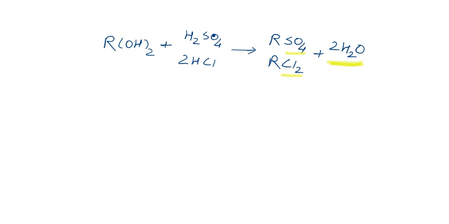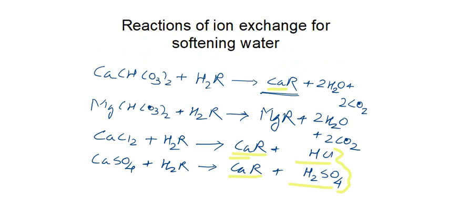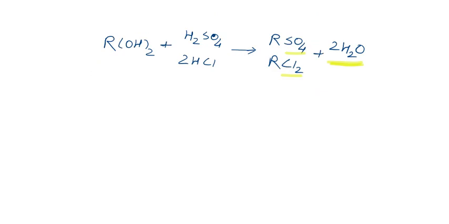In doing so, over the course of running such cycles, the resin gets exhausted. This CaR is an exhausted resin. Similarly, the anion exchange resin which is exhausted is RSO4 or RCl2.